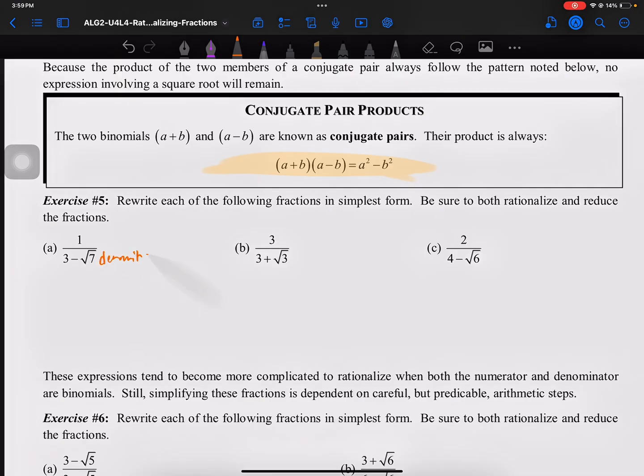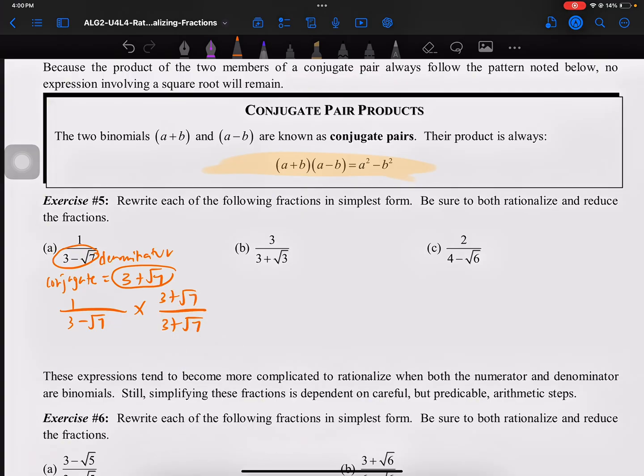What is the conjugate? The conjugate is a change in sign: 3 plus root 7. So we multiply top and bottom by the conjugate of the denominator. This is the denominator, and this is the conjugate of the denominator. So 1 over 3 minus root 7, multiplied by 3 plus root 7 over 3 plus root 7.